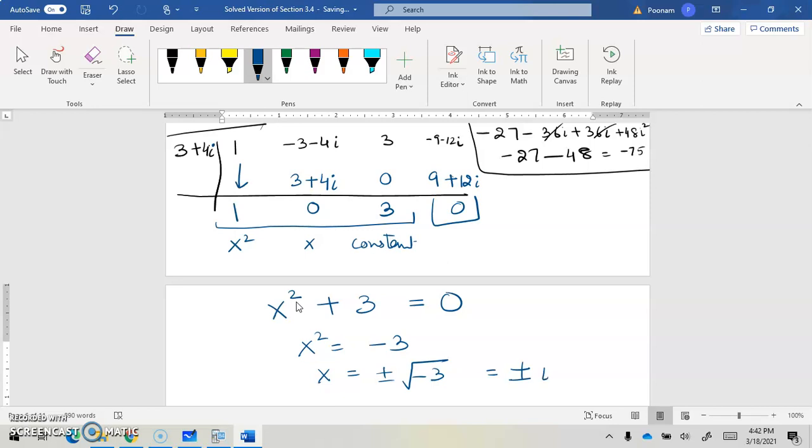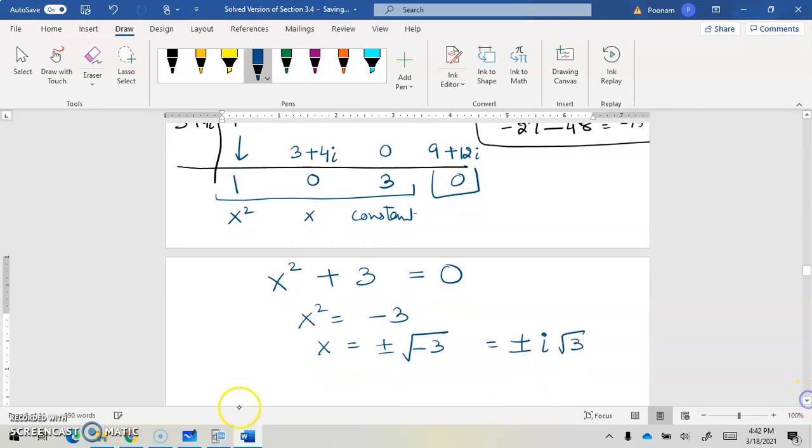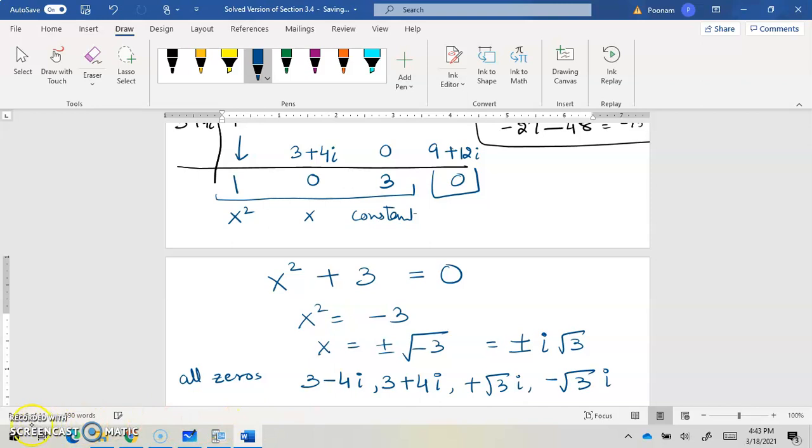Square root of negative 1 would be iota, so root 3 iota. So we have all the zeros. All zeros are 3 minus 4 iota, which was given. Then we said 3 plus 4 iota because it's the conjugate, and we solved and found the reduced polynomial that gave us root 3 iota and negative root 3 iota.